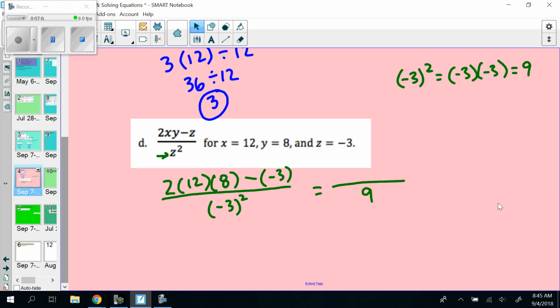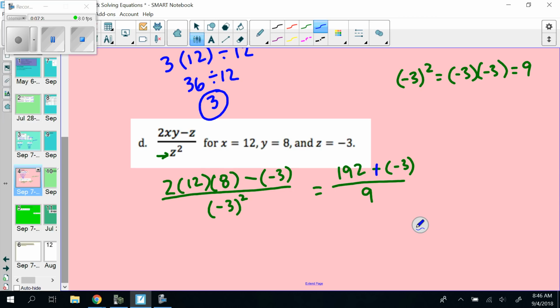All right, now to evaluate the top, we've got multiplication and some subtraction. We want to do the multiplication first. So 2 times 12 times 8 would give us 192. Minus that -3. Okay, minus a -3. We know minus a negative is the same as adding. Some of you might like the trick of doing the double slashing. That's fine to do.